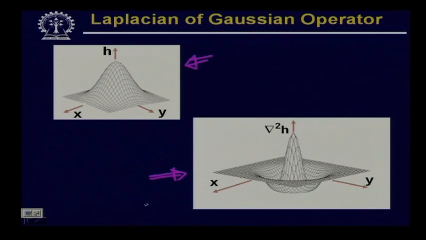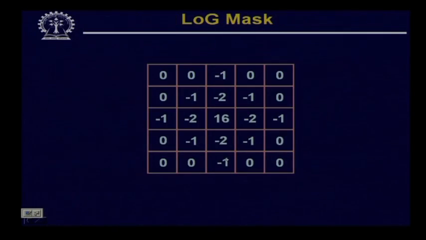And the same is obtained using this particular mask, that here you find that at the center the value is maximum positive, which is 16. Just away from this it becomes minus 2, then it goes towards 0, that is, it is becoming minus 1. So, if I apply this LOG, the Laplacian of Gaussian mask, on an image, I can detect the location of the edge points.